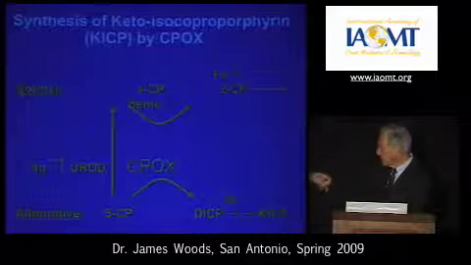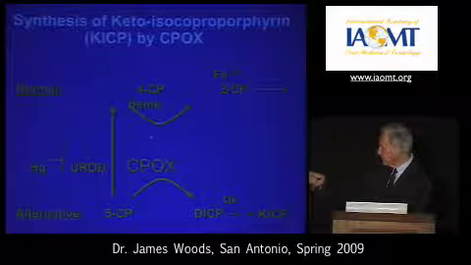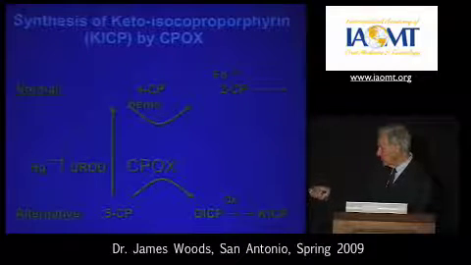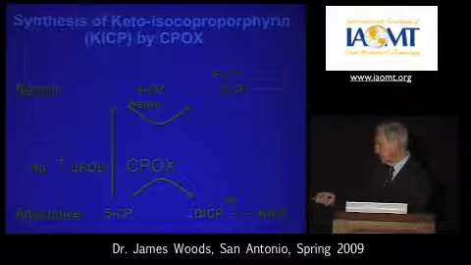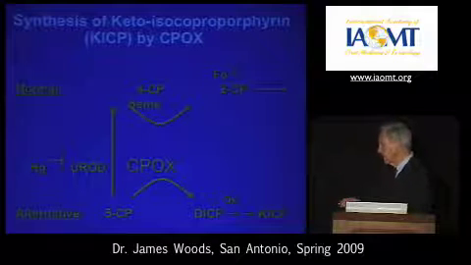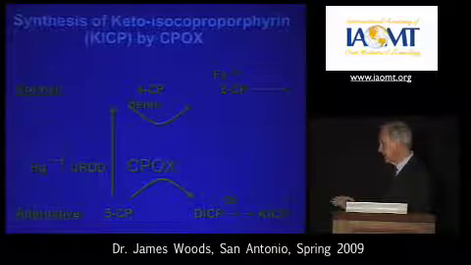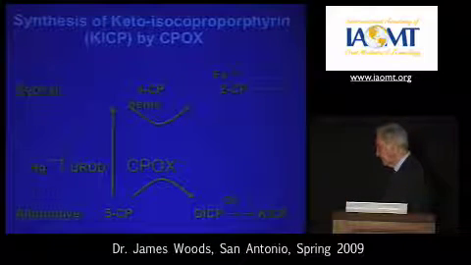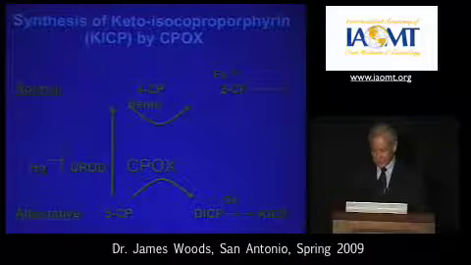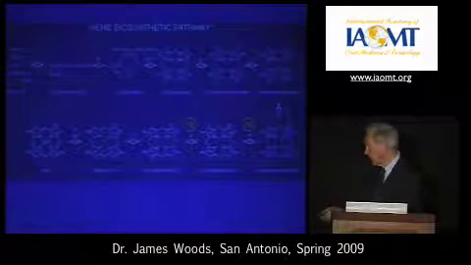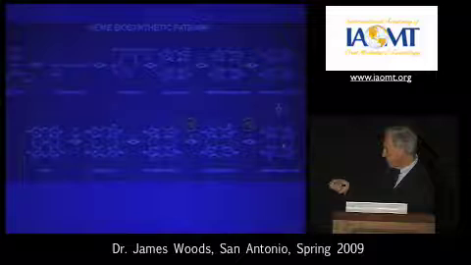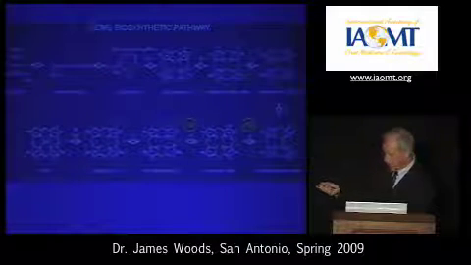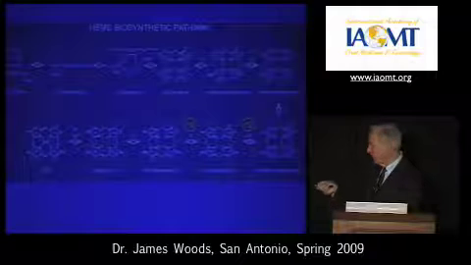Now, instead of all of the material just going straight to 4-carboxylporphyrin and out to heme, it's now used by this enzyme to produce a compound which is called dehydroisocoproporphyrin, which is then further oxidized in the cells to the KICP that we see. So just looking back at the heme pathway, this porphyrin accumulates, and typically would go from here to here in a linear fashion.